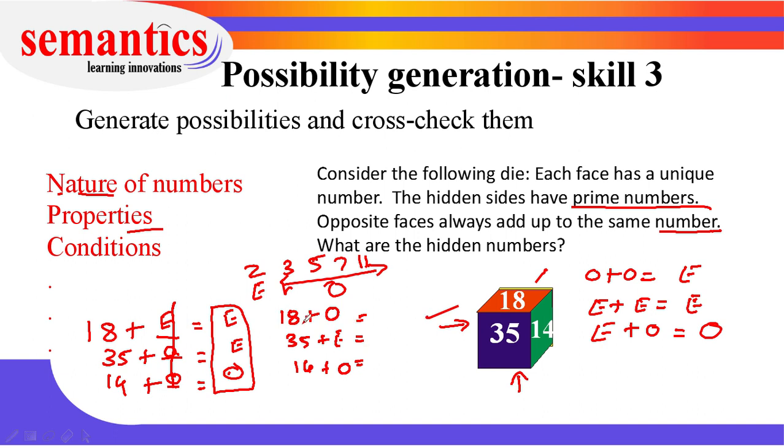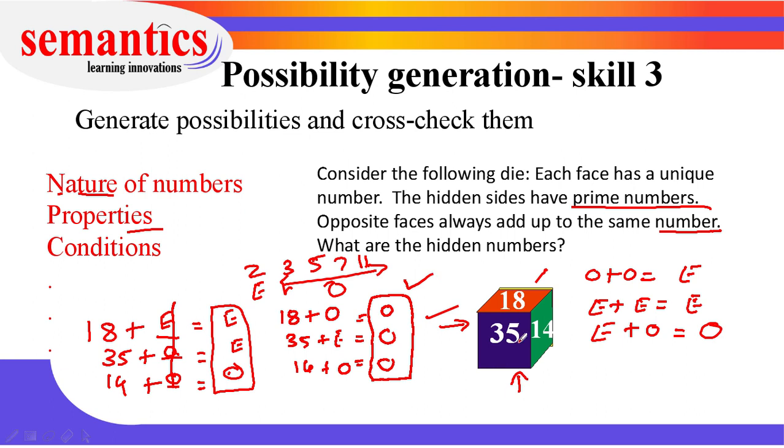Even plus odd, odd. Odd plus even, odd. 14 plus odd. Yes, if I observe, I'm getting all three sums as odd. So this is correct.